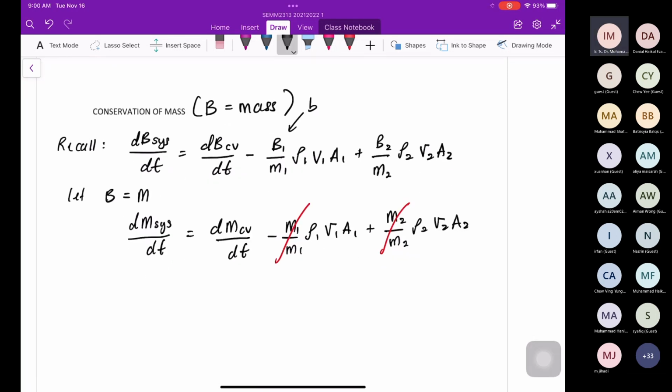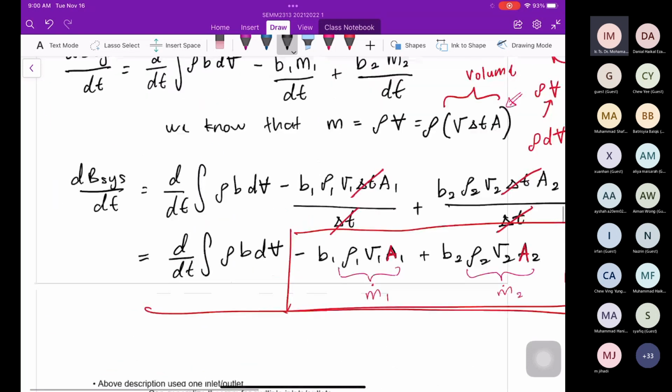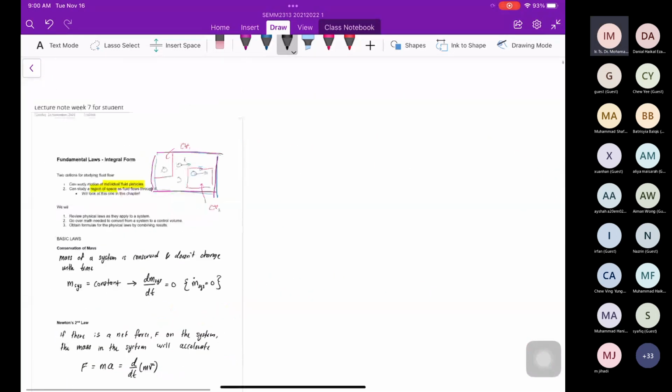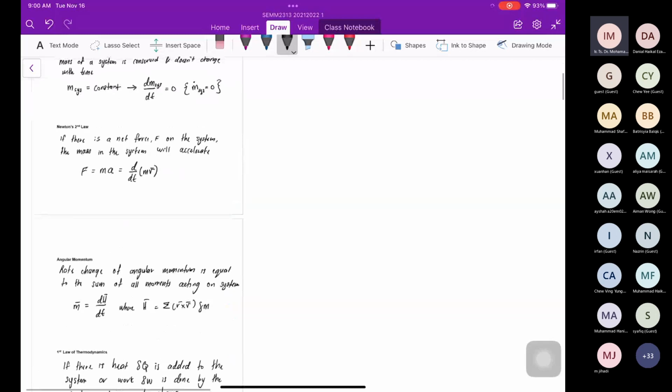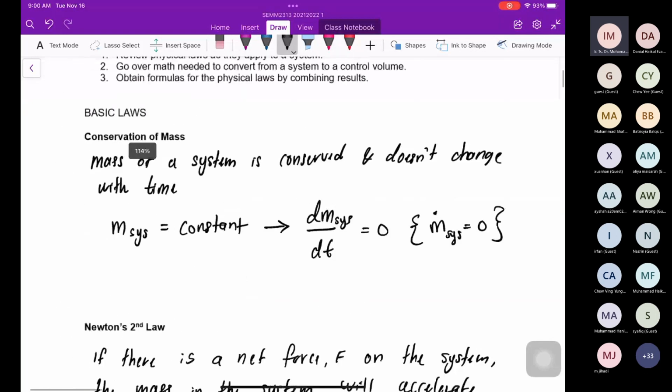Alright, for conservation of mass, m dot equals 0, right? As I mentioned before, the m dot for the system equals 0, the one that we have based on the conservation of mass.